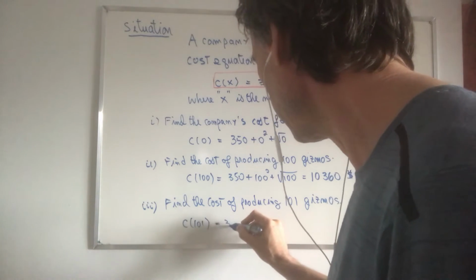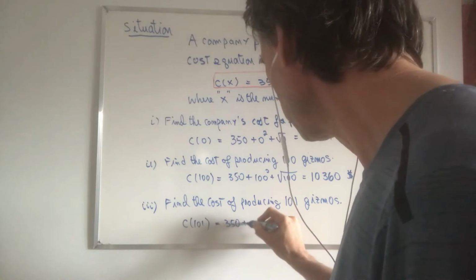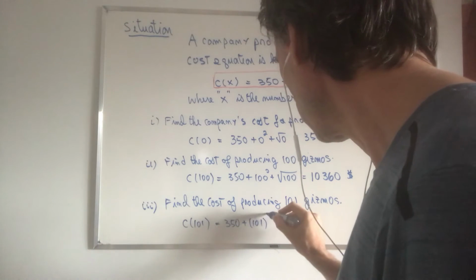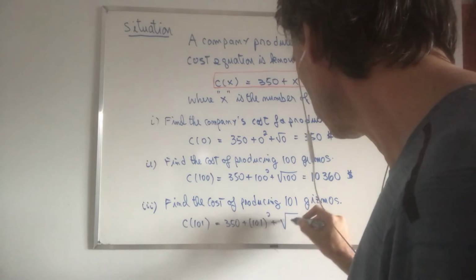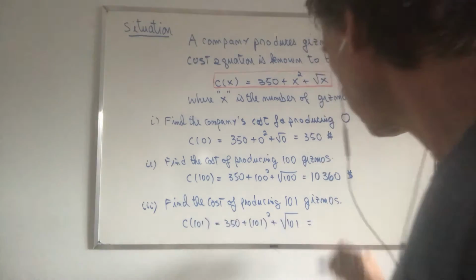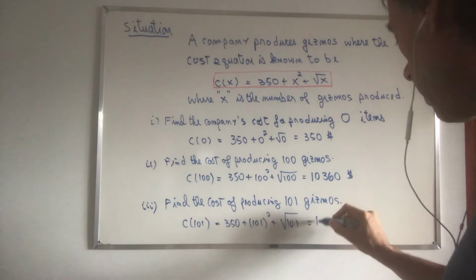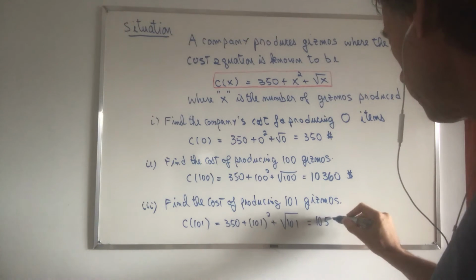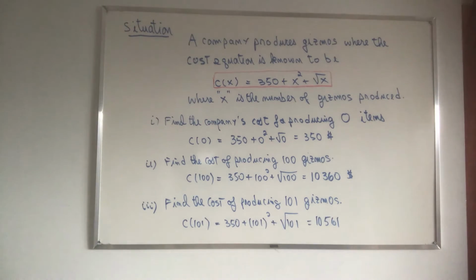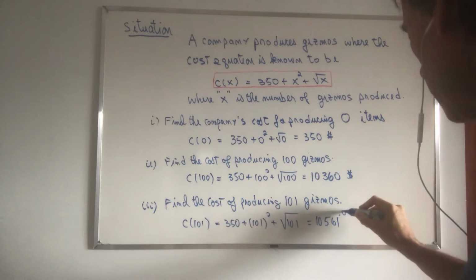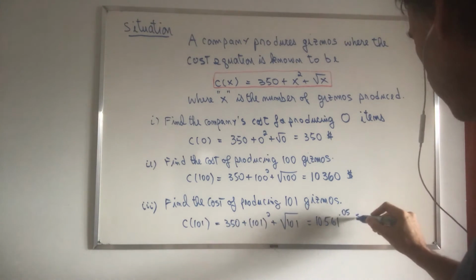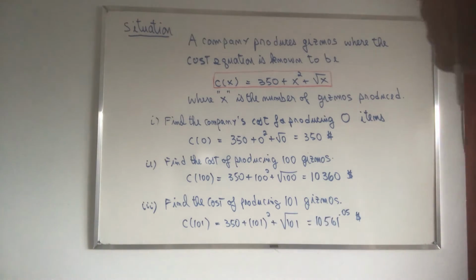So we go 350 plus 101 squared plus the root of 101. We calculated that and we get something like $10,561 and I do believe 5 cents.